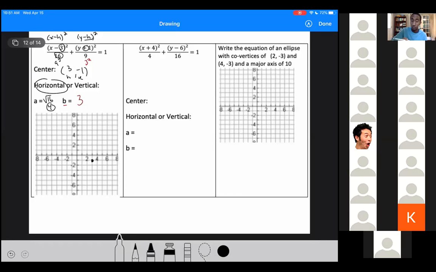You know it's horizontal, so the major axis is horizontal. Then you use your A, which is 4. So 1, 2, 3, 4. So that's 4 and 4. And again, you have to know that it's horizontal because you have to have your major axis on the horizontal side.